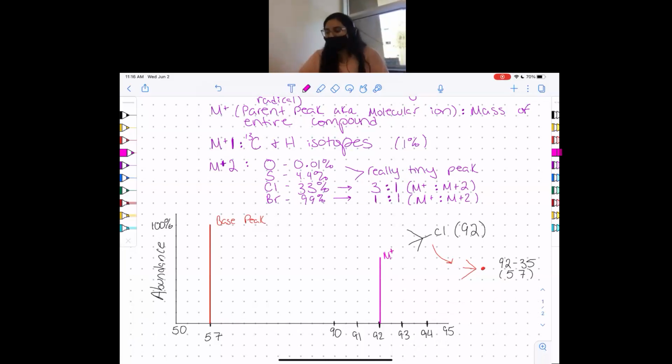All right, so at what position are we going to have the M plus 1 peak? The M plus 1 would be at 93. Yes, perfect. And how tall is this peak going to be?